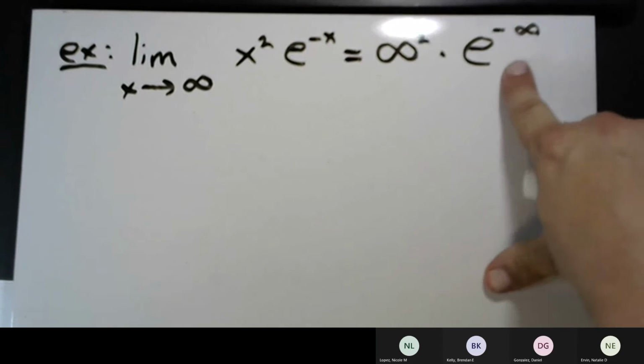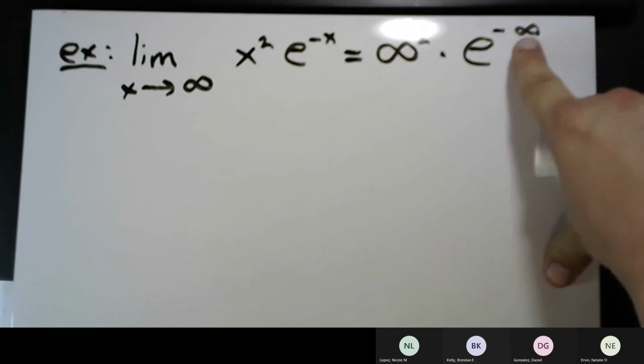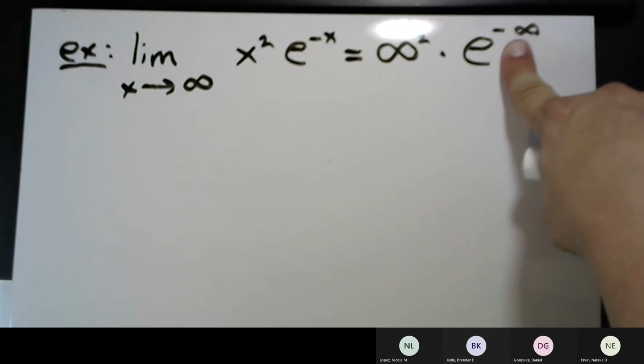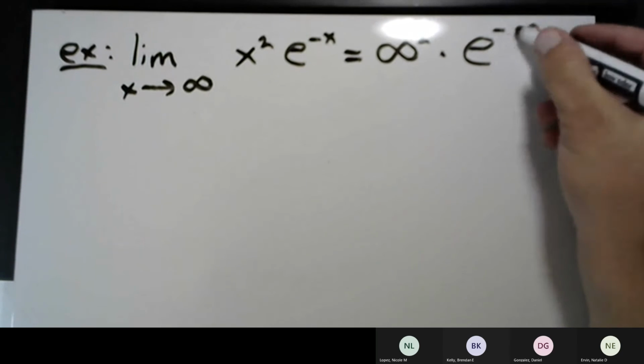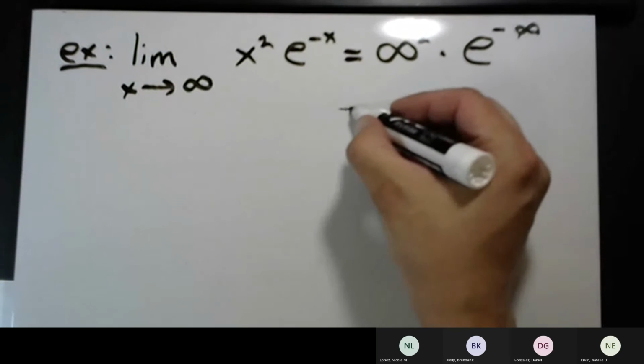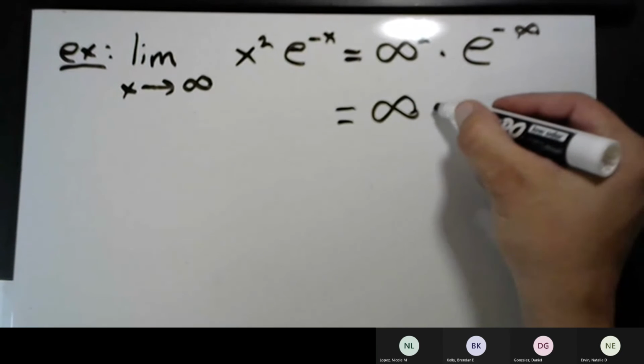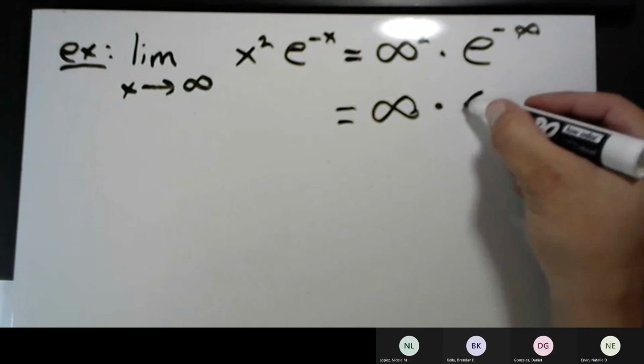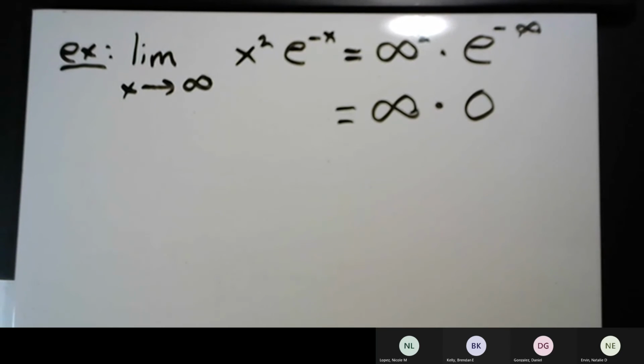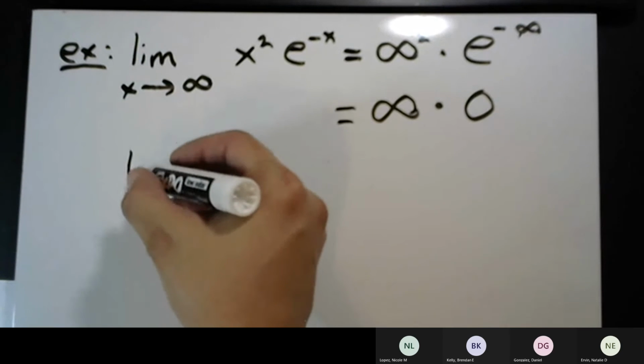And if you take e, you give it exponents like negative 1,000,000, negative 1 billion, negative 1 trillion, this is going to 0. So this would essentially be infinity squared is just infinity, so infinity times 0. Well, this isn't 0 over 0, and it's not infinity over infinity, so it doesn't look like we're in a good situation. But we can rewrite this.